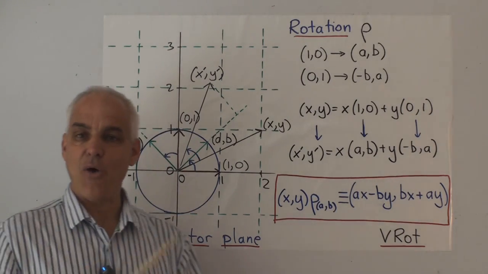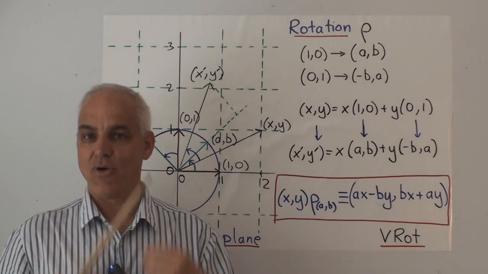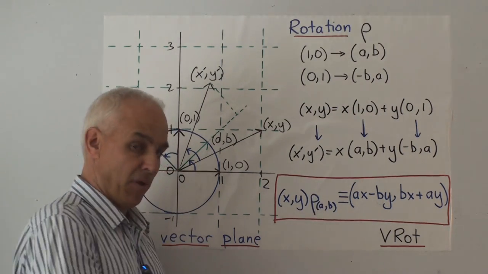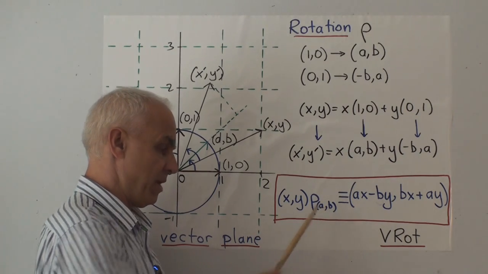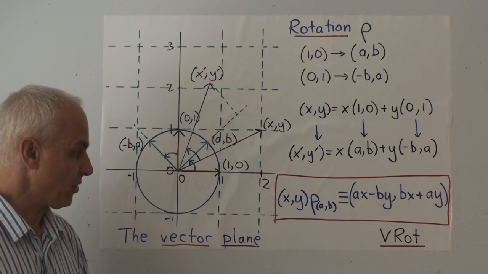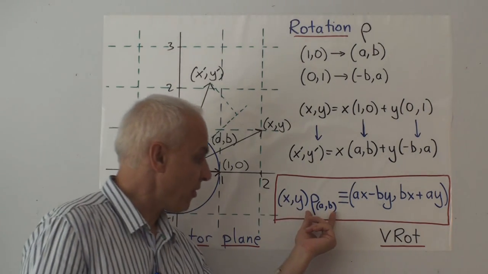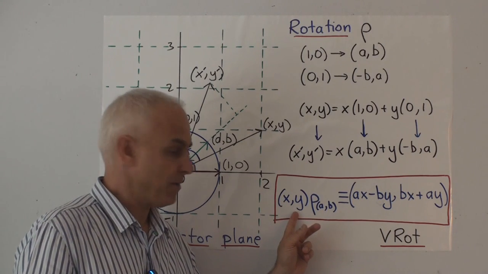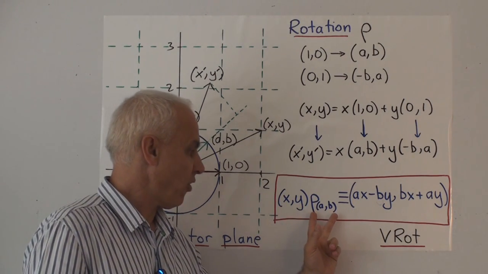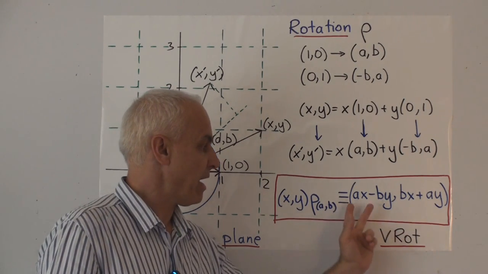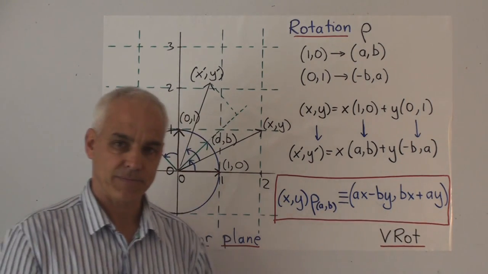And this now is how we can define what a rotation is. We say that a rotation is just this symbol, rho with an AB, because it's determined by that vector AB on the unit circle. And it's a symbol or an expression that has the following interaction with a vector. If you have a vector followed by our symbol for our rotation, then that combination is by definition this new vector.